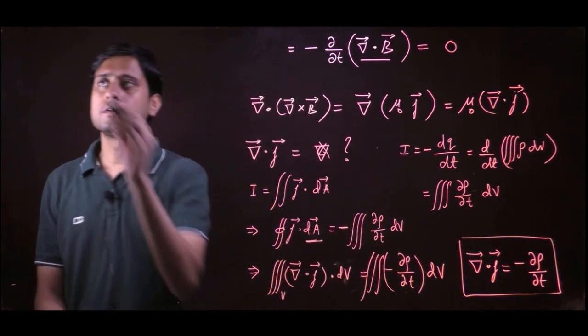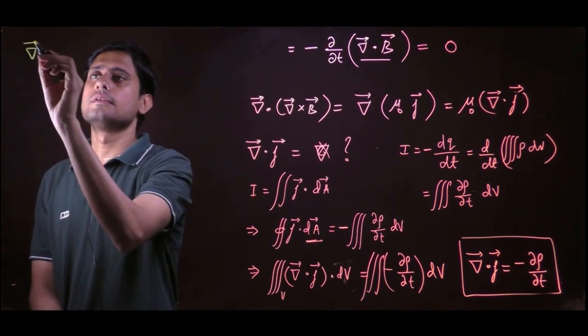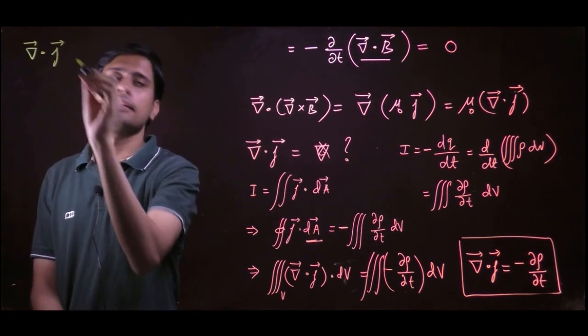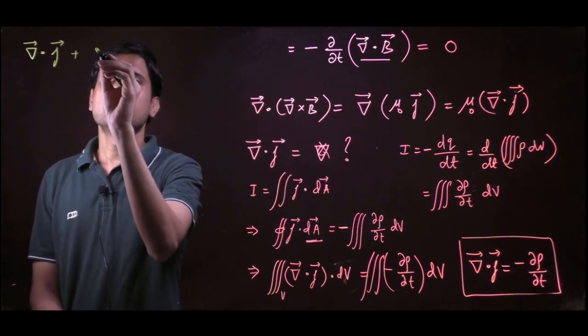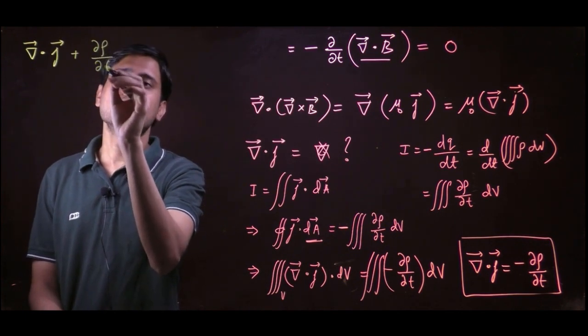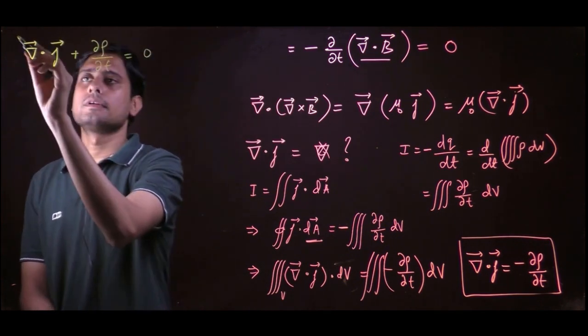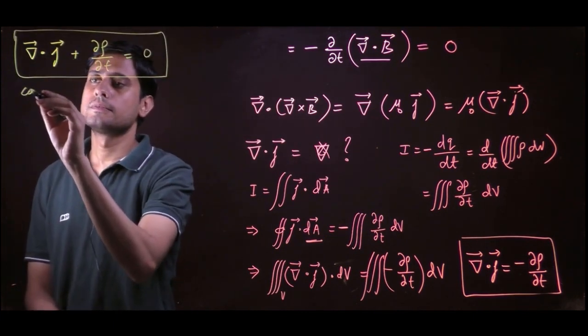But just for your information, if the del rho upon del t term is taken to the left hand side, then del dot J plus del rho upon del t gives you 0. This is known as the continuity equation.